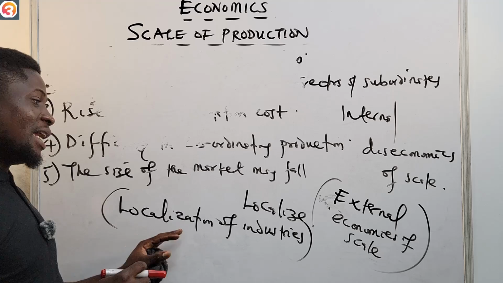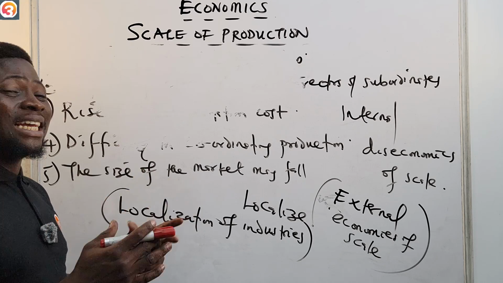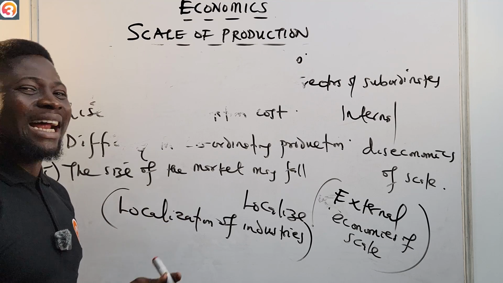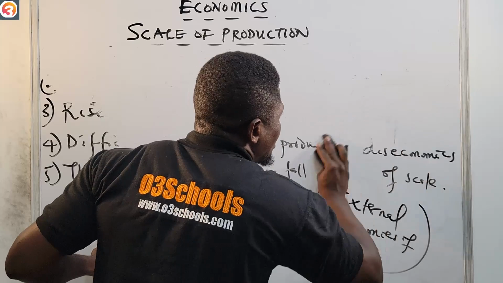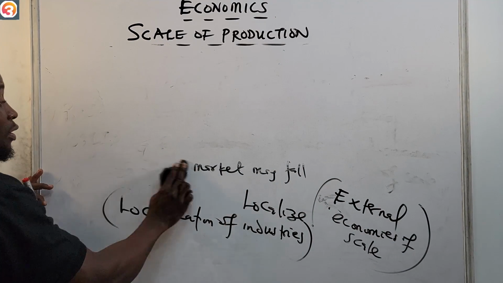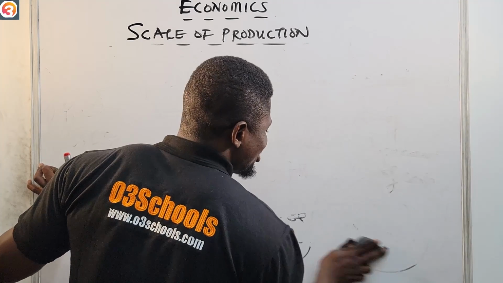And we say localization of industries is the coming together of different firms that are producing either similar or related commodities or products. They come together and that makes them enjoy some advantages, of which number one, you see division of labor and specialization among the localized industries.